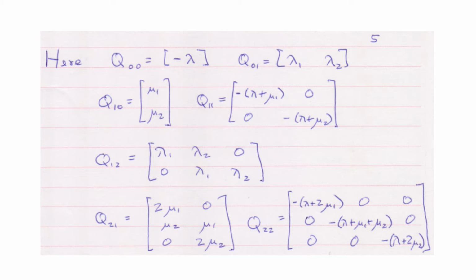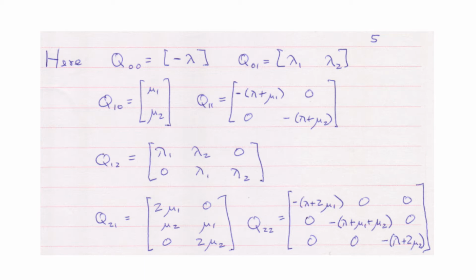Q01 is a 1 by 2 matrix with entries lambda 1, lambda 2, and lambda 1 plus lambda 2 sum to lambda. So if I put this minus lambda on the diagonal, the sum of the first row will be 0.